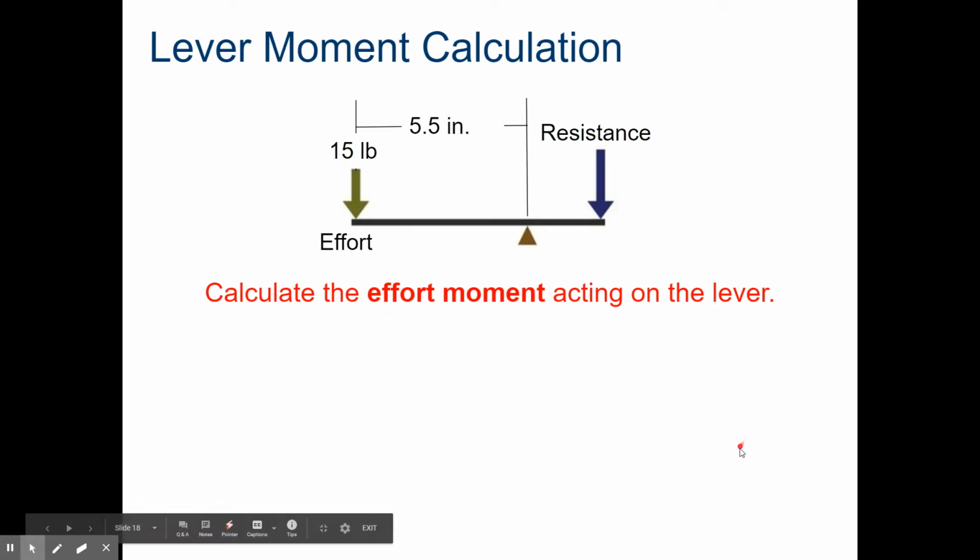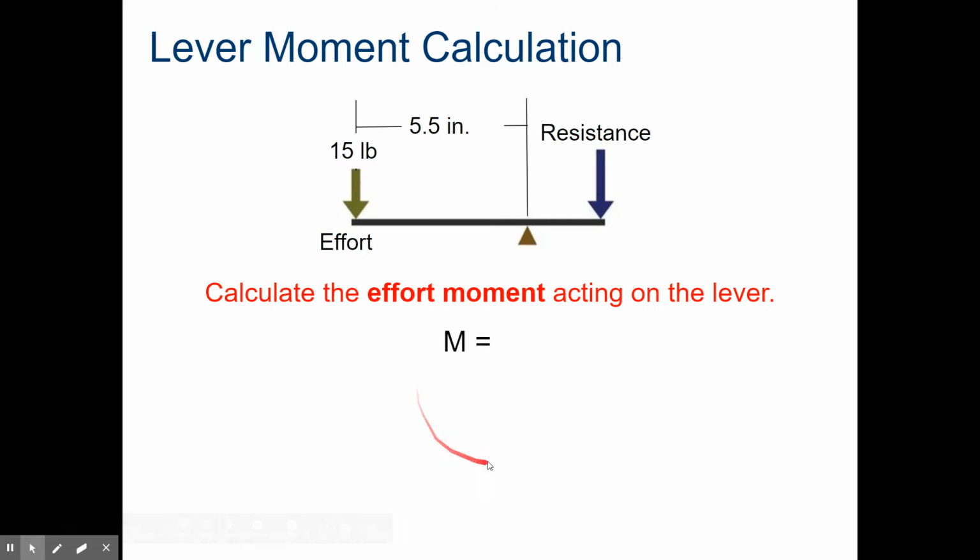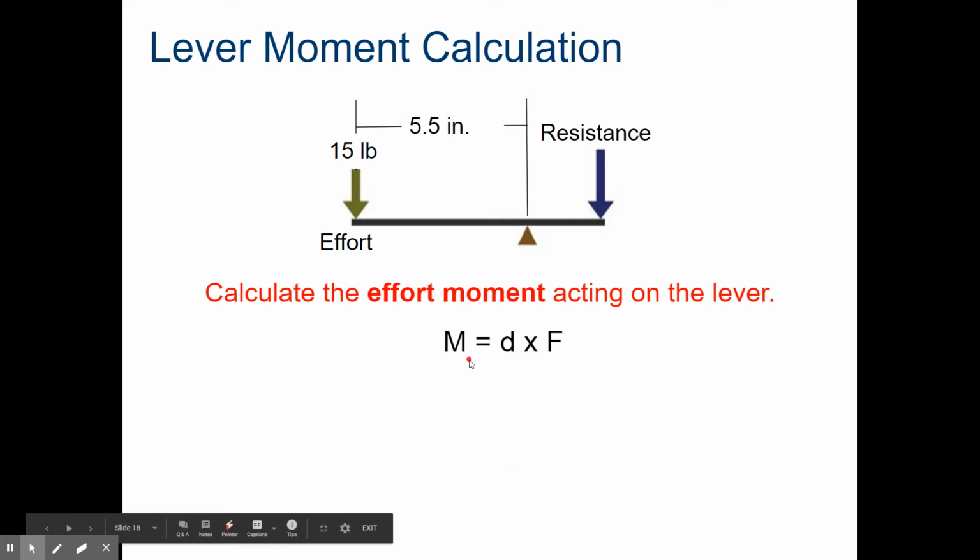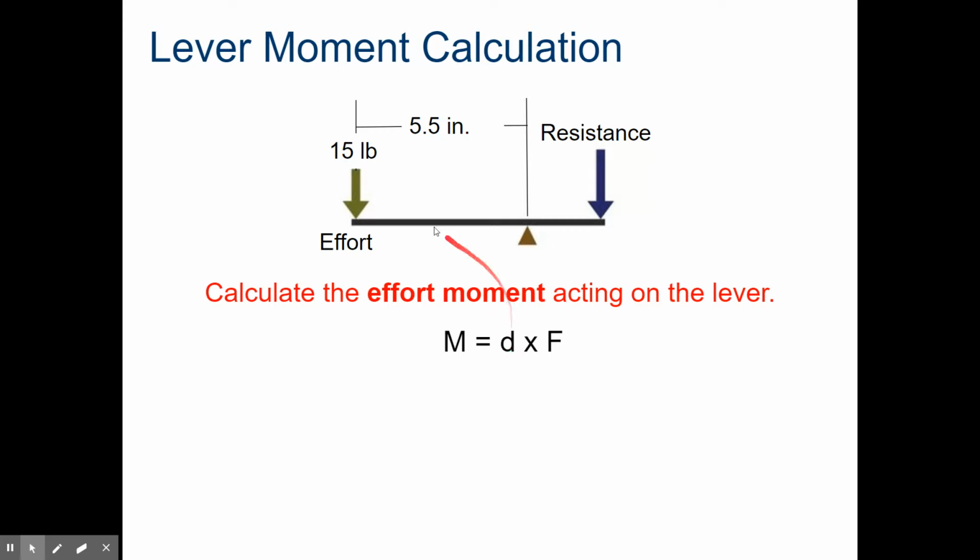So with levers, let's do a moment calculation here. Calculate the effort moment acting on the lever. So the effort moment means we're going to use the effort force. Here's your equation: effort moment equals the distance from the effort force to the fulcrum, times the force.